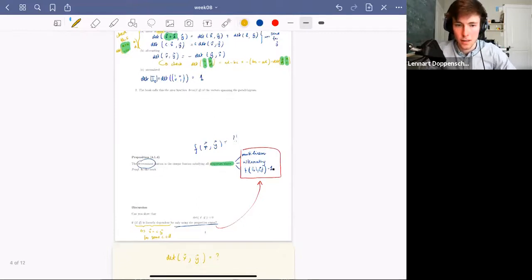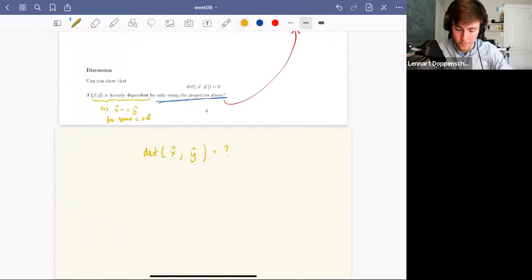Any suggestions? Anything you came up with? So the hint says that x and y are multiples of each other. Oh, okay. So Benjamin wrote something in terms of a scalar multiple of y is part of the definition.